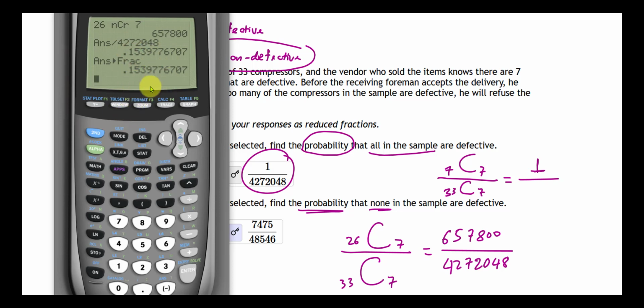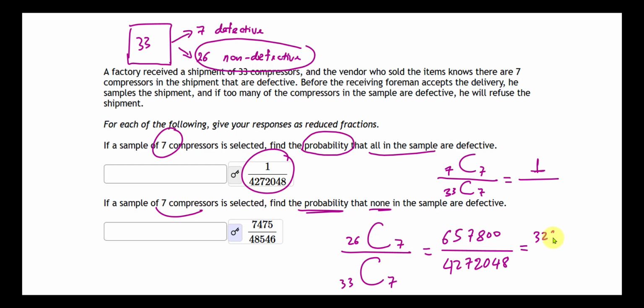Somehow the calculator doesn't do that for us, so we have to do it by hand. We see that this is an even number, so I'm going to divide by 2 on the top. Then I have 328900.